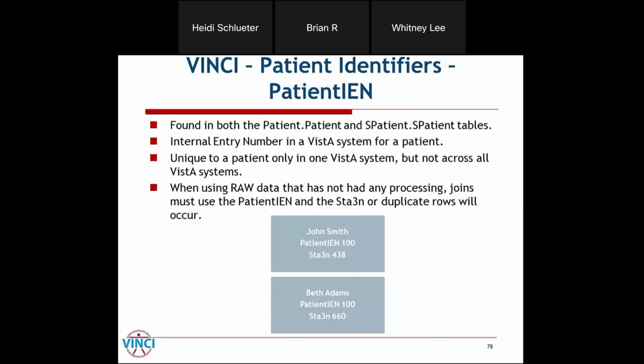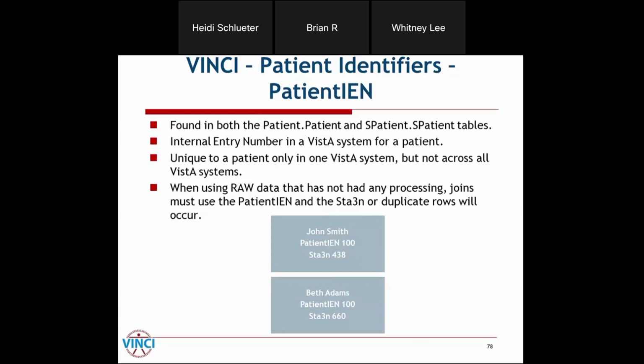So the patient IEN is found in both the patient and S-patient tables. This is the internal entry number in a VISTA system for a patient. It is unique to a patient only in that VISTA system and not across all VISTA systems, so not across the entire VA. So again, when you're using raw data, you need to join on both the patient IEN and the station.